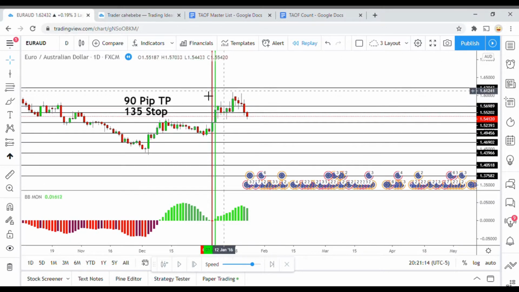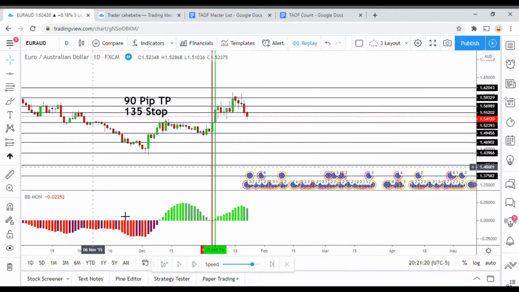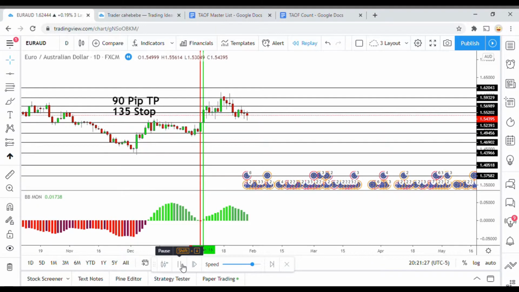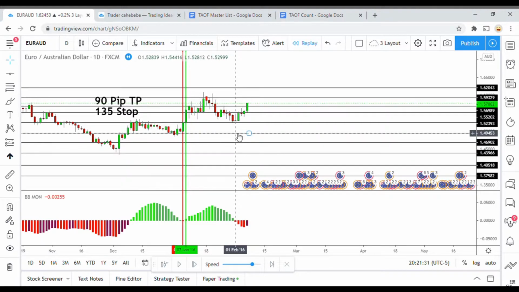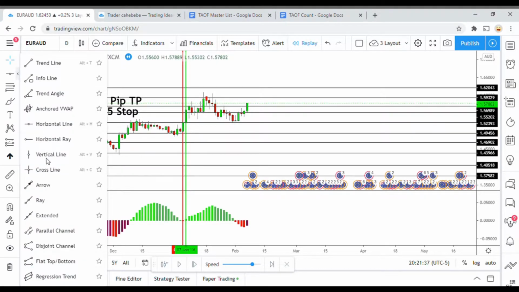Let's go ahead and keep playing it forward. Price action came up here, bounced off this area. Let's go ahead and fill that in. Price action didn't really set up in any real clear way to be able to determine that it was going to have a pullback in this area.